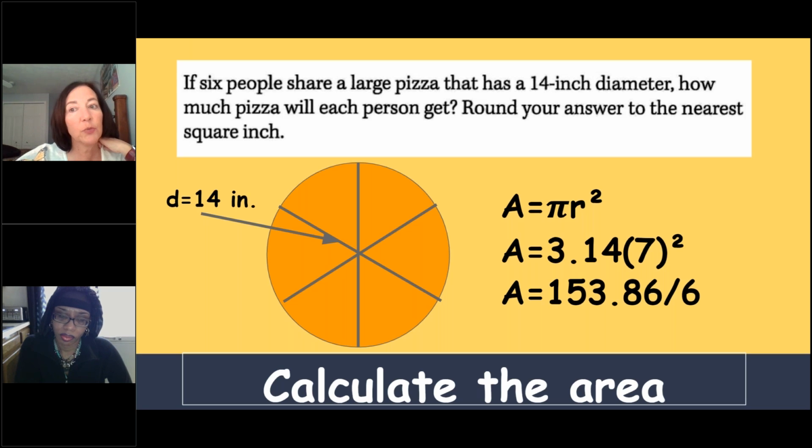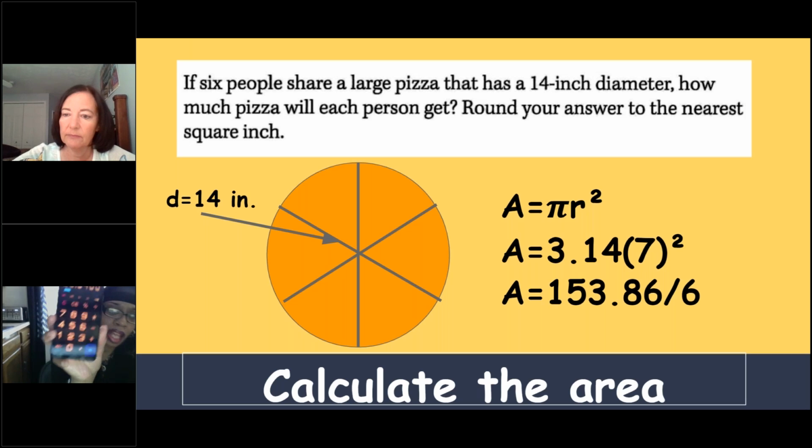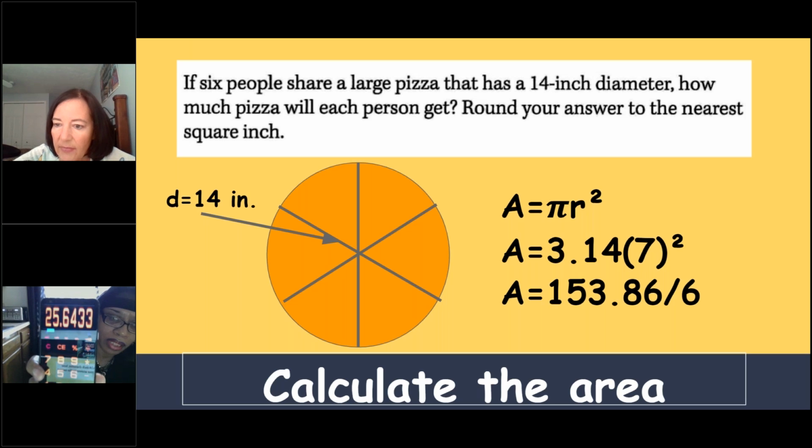And then they want us to round our answer to the nearest square inch. So if 6 people are going to share that pizza, figure out how much pizza each person gets, and then round that answer to the nearest square inch. So maybe the answer is divided by 6.